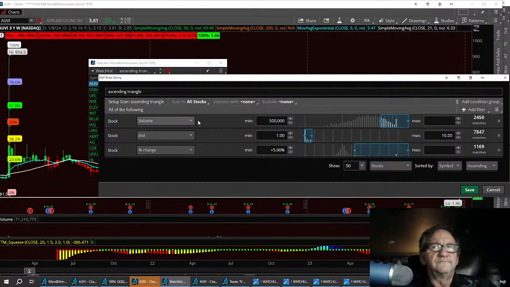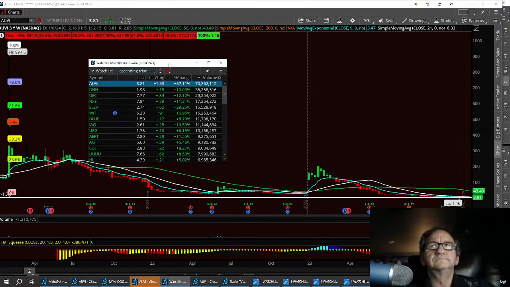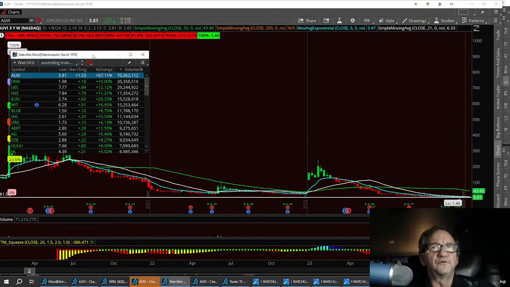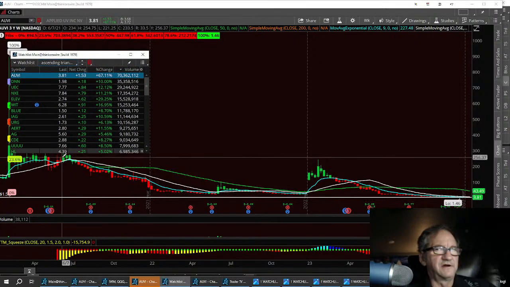I have volume of 500,000 or more. I have the bid price at $1 to 10. And I have a percentage of the stock to break out above 5%. So anything that broke out above 5%, these are penny stocks.